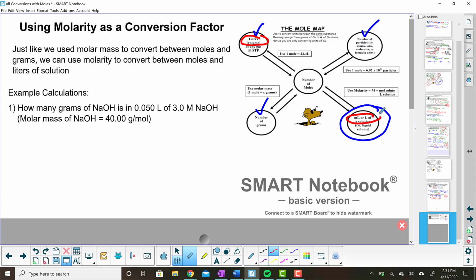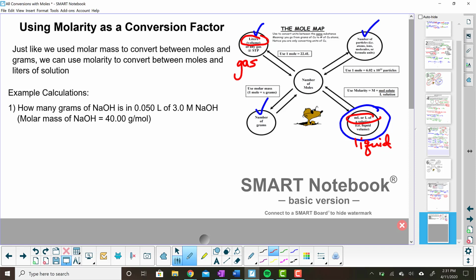We have to be careful because on the top left, this is when we have gases. On the bottom right, that's when we have a liquid. Only works if we have liquids or solutions. So be careful that you're using the correct conversion factors. We'll go through some examples and I'll show you that it's fairly straightforward.